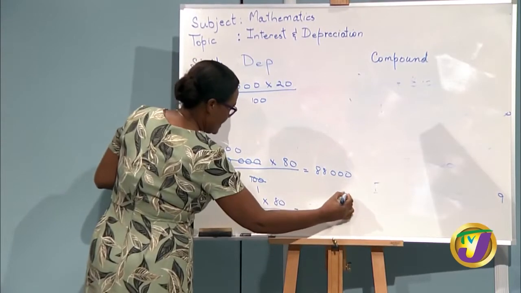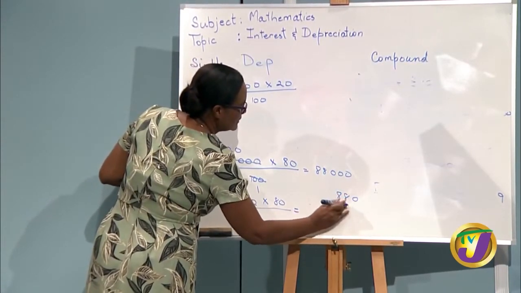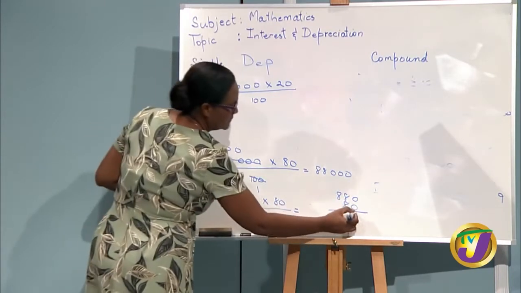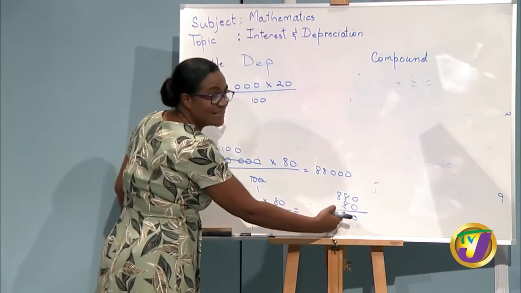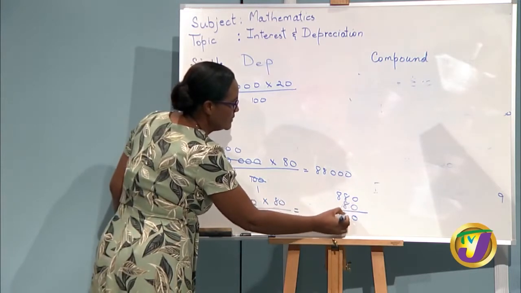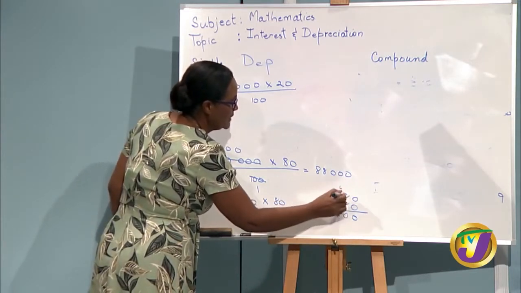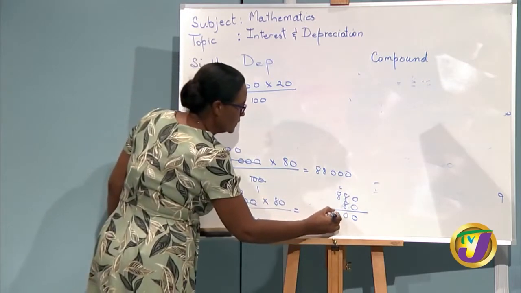So it is 88,000 times 80. Okay. 0 as placeholder, I'm multiplying by the 80. So I hold my 0 place. 8 times 0, 0. 8 8s, 64, carry 6. 8 8s, 64, and 6 is 72.